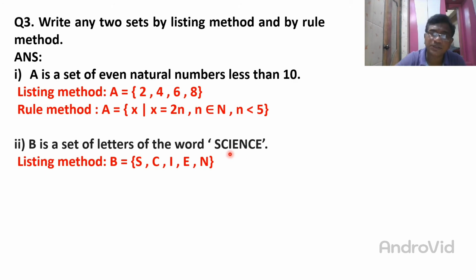So this C is not written here because this C and this C are coming 2 times. See, this is the first time, this is the second time. So if elements come 2 times, you can write them a single time only. So here we write C a single time.